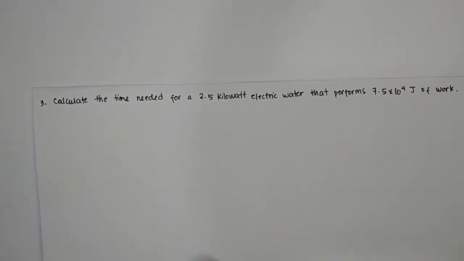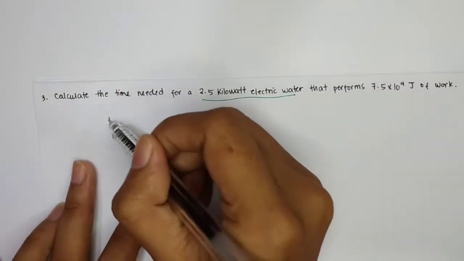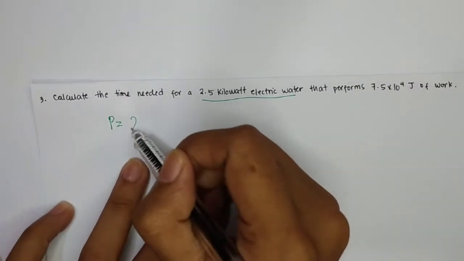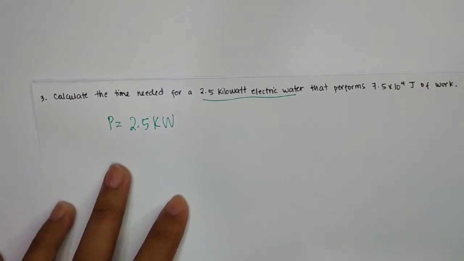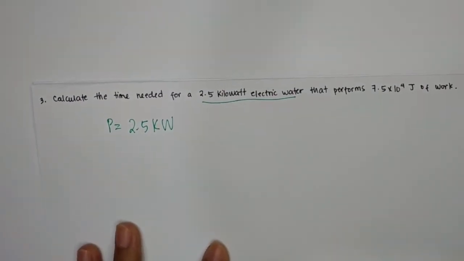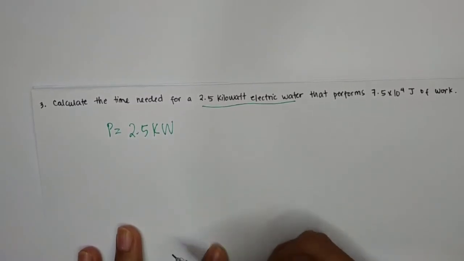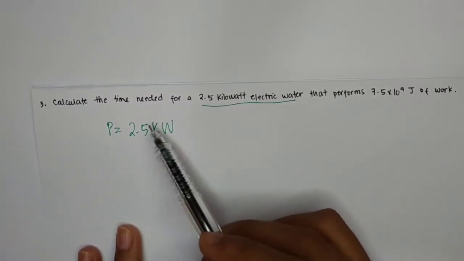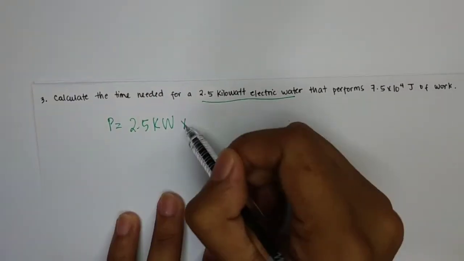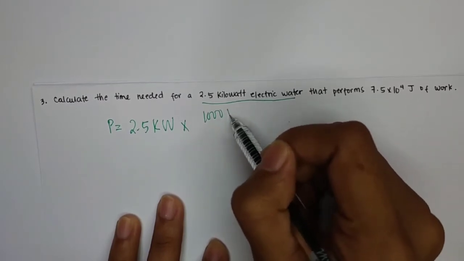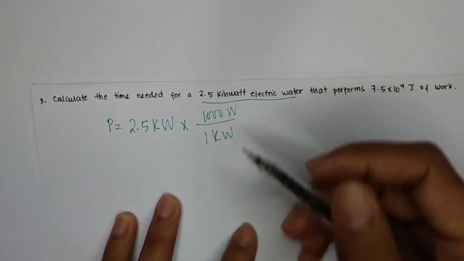Let's identify the givens first. Our power is 2.5 kilowatts. The unit should be in watts, so we multiply by 1,000 watts over 1 kilowatt, since 1 kilowatt is equal to 1,000 watts.